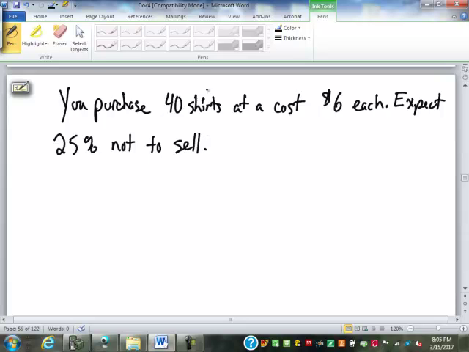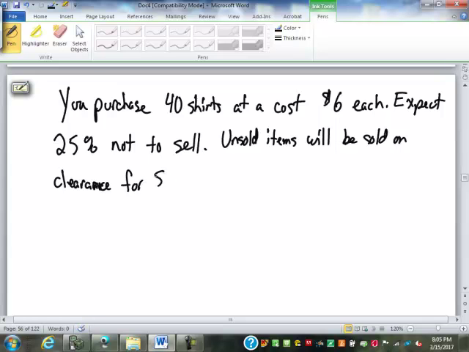You have an assortment of colors depending on the year. It's hard to predict which colors will sell, which colors won't, stuff like that. So there is usually a high non-sales rate on clothing. Unsold items will be sold on clearance for $5 each.